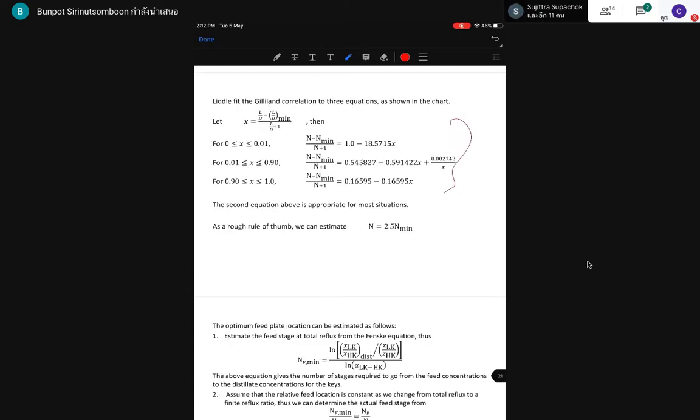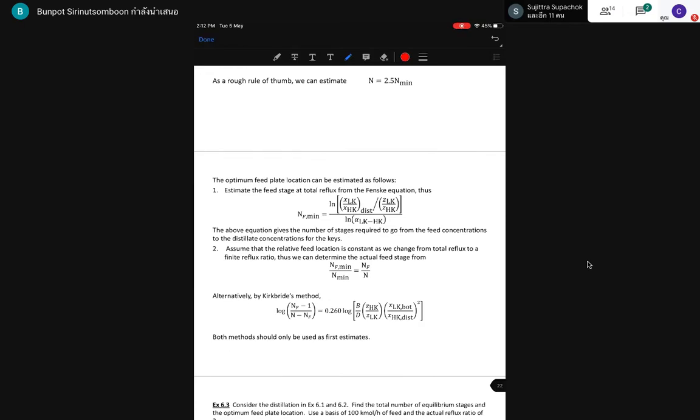And then you can also find the feed location by using this form of the Fenske equation to find the feed location for the minimum number of stages. When you use the minimum number of stages, you use the Fenske equations, and you can find NF minimum here.